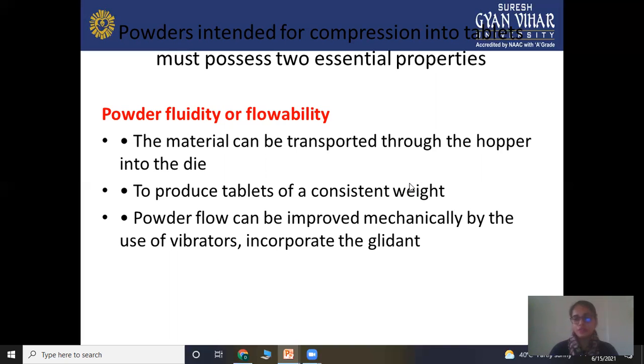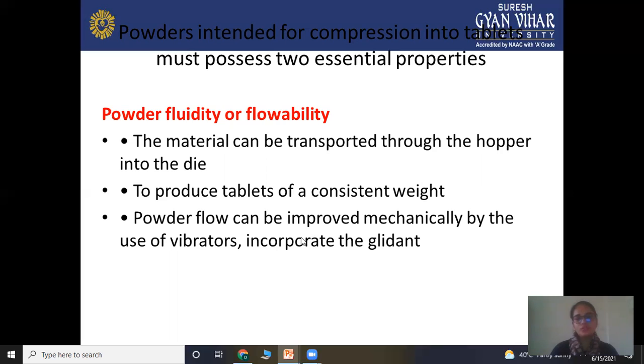And this weight should be in a uniform range, not varying from tablet to tablet, and it is a uniform weight for all tablets of the complete batch. Next, powder flow can be improved mechanically by use of a vibrator or a gradient. You can say that powder flow property is improved by certain vibrators or certain gradients, because the gradient is also responsible for improving flow property, and the vibrator also helps with proper mixing and improves the flowability of a powder.